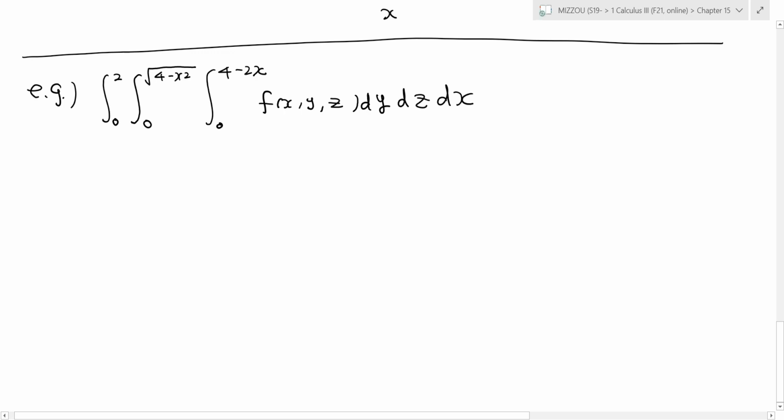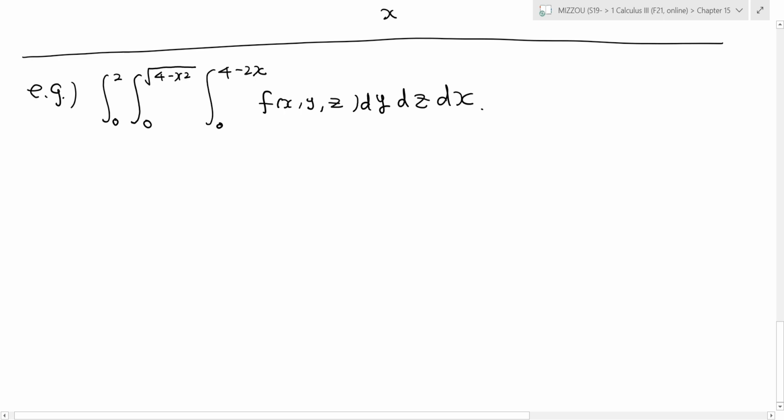So f of x, y, z is just some given function. And of course, if you are given a triple integral like this, and some explicit function, there's nothing to do, basically. You just integrate this portion, and then you integrate with z, and then finally you integrate with x, and you get the answer. But the question now is this.